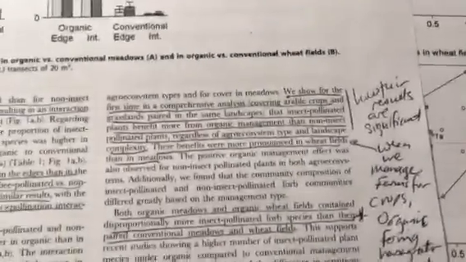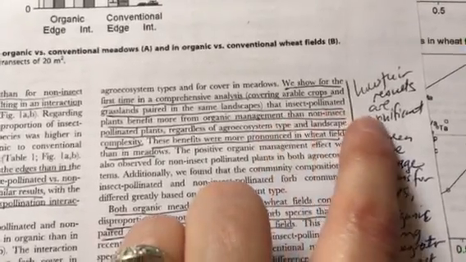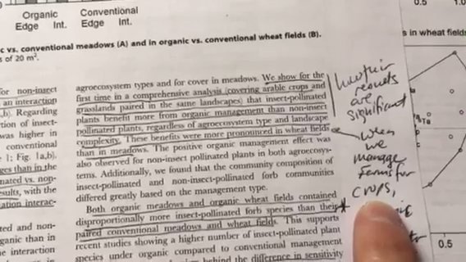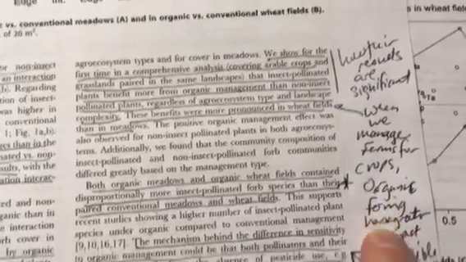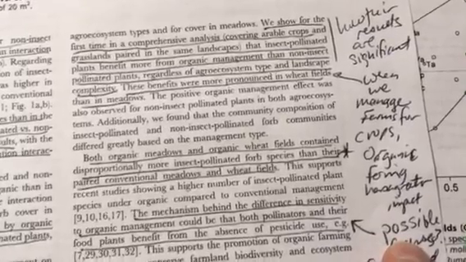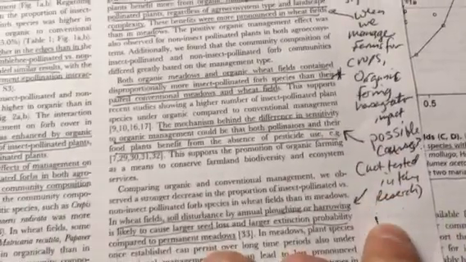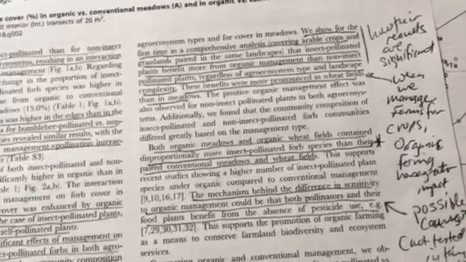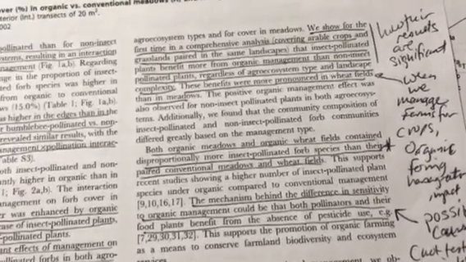And then here is how their results are significant. And then essentially saying, when we manage the farms for crops, organic farming has a greater impact. And that's really important, particularly from an economic standpoint, from a political standpoint, that if it's going to guide policy, it becomes important.